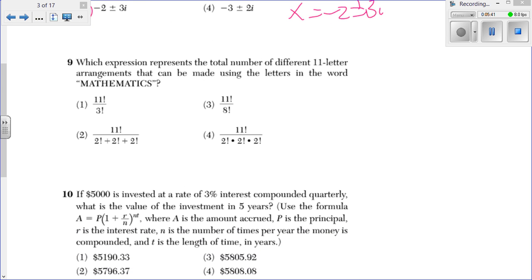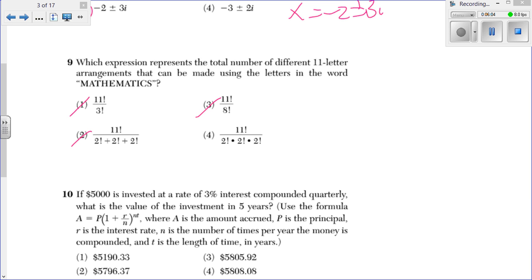Which expression represents the total number of different 11-letter arrangements that can be made using the letters in the word mathematics? Well, we know we have multiple letters being repeated, so that means my denominator is going to have more than one factorial in it, so that gets rid of 1 and 3.